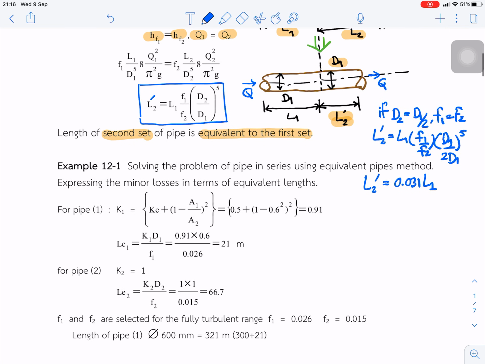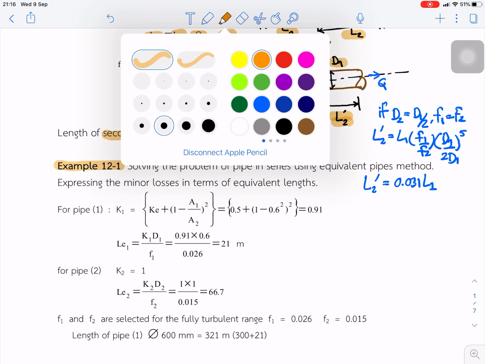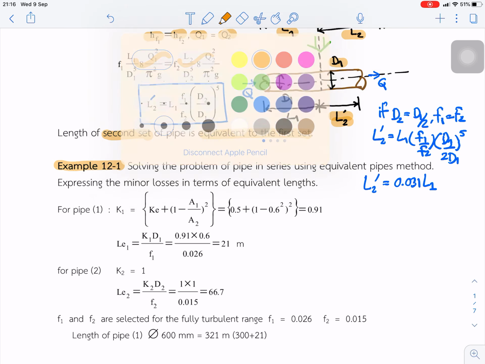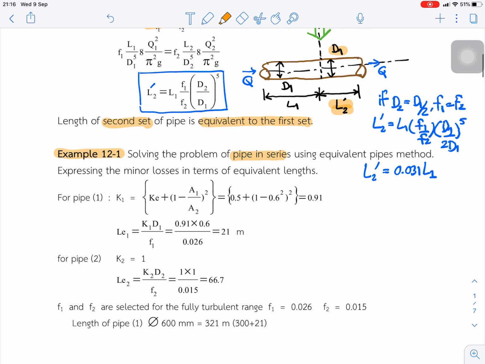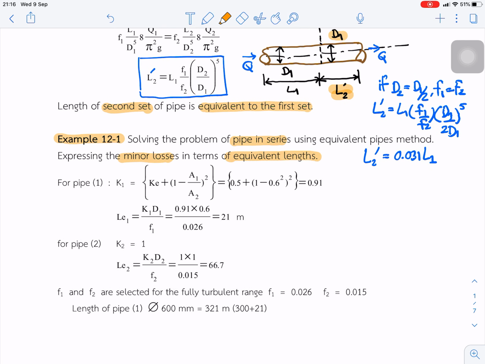Next example. Solving the problem for pipes in series using the equivalent pipe method. Express the minor loss in terms of the equivalent length. The first step, we convert the minor loss. K1 is about 0.91.